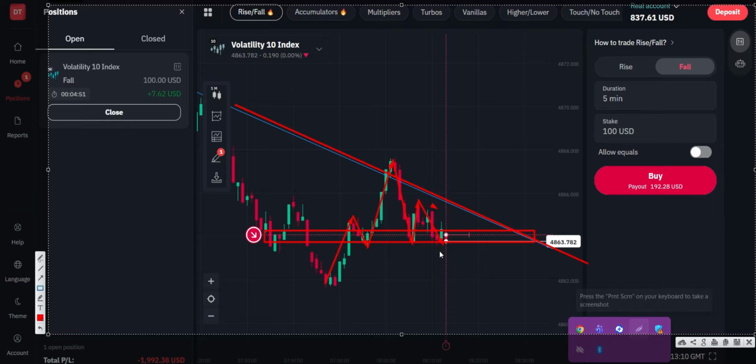That's why I'm thinking that for the next 5 minutes, the market will move like this. And I hope I will win this trade. So always follow the trend. I place my trade here only because the trend is downtrend. So that's why I place my trade here.